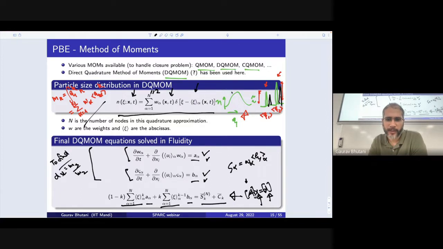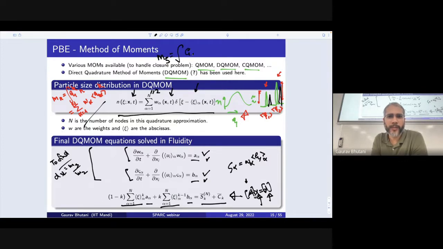Yes. So if you were to use a quadrature method of moments, where we track the evolution, or transport the moments in space and time, then the closure problem happens. So we use a method where we write our integrals in terms of weights and abscissas. So if we have an integral, let's say we get M5.